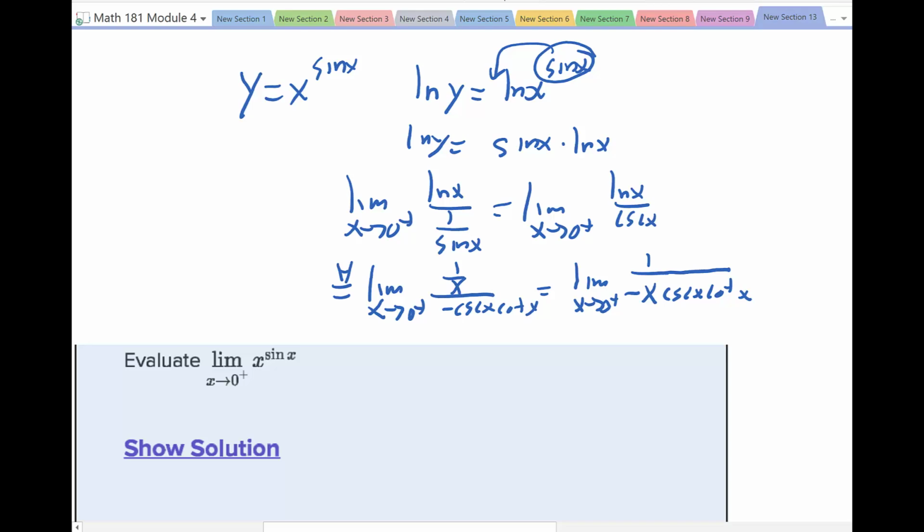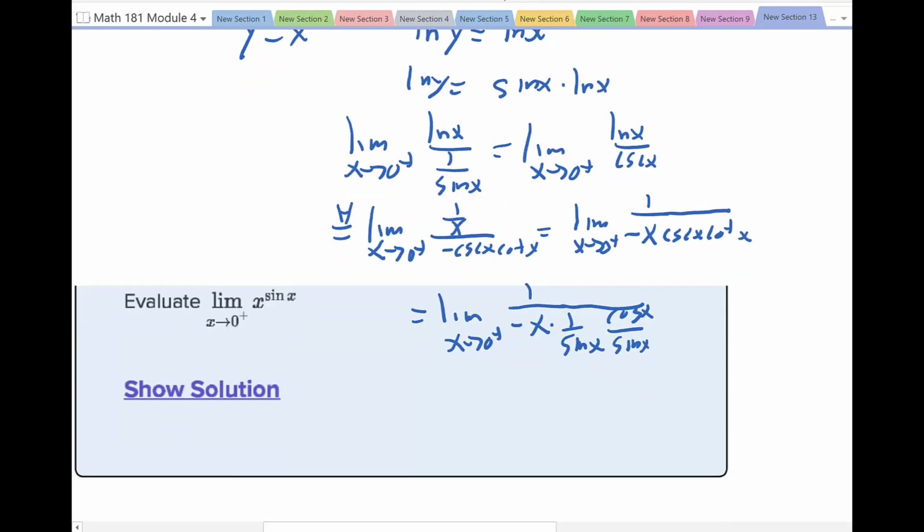Now we can play with this a little bit and treat this as the limit as x goes to 0 from the right side of, and I have a strategy here, so trust me with this, 1 over negative x times, and cosecant is 1 over sine x, and then cotangent is cosine of x over sine x.